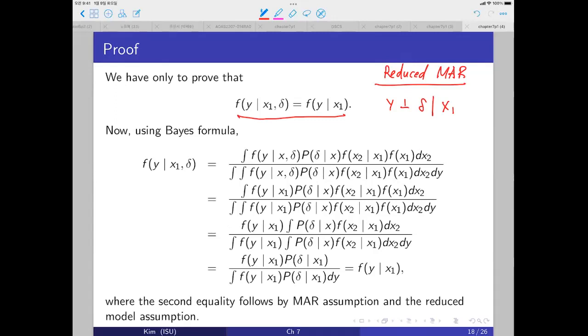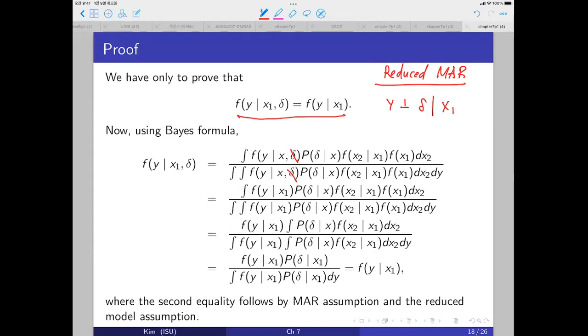I mean, nothing really new. And then from here to the second, let's take a look at what's the main difference. Well, two things actually. First, we need to cancel out delta. Why? Because of the original MAR.